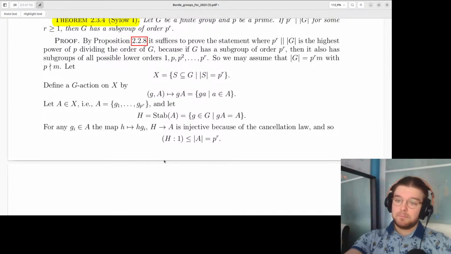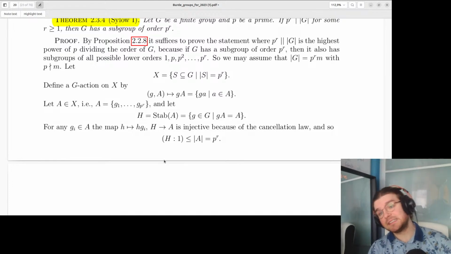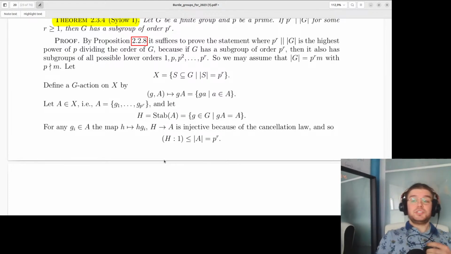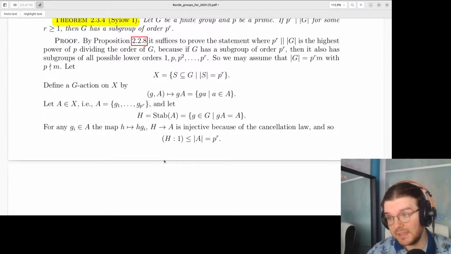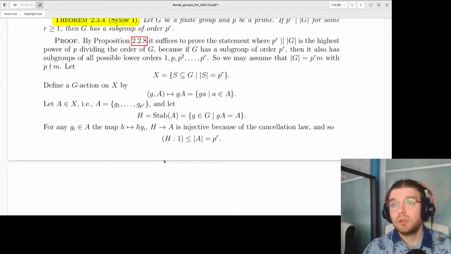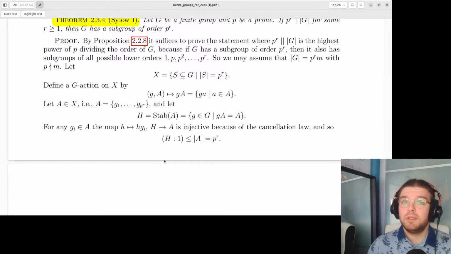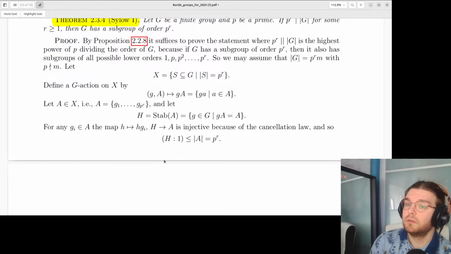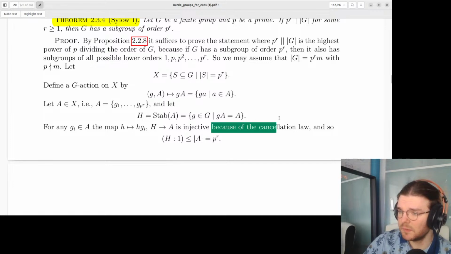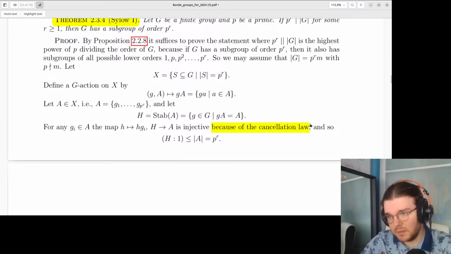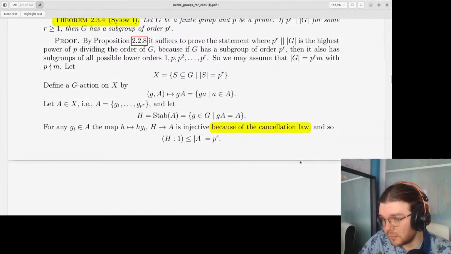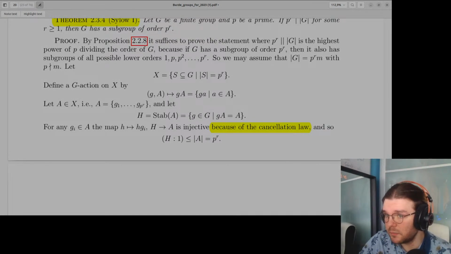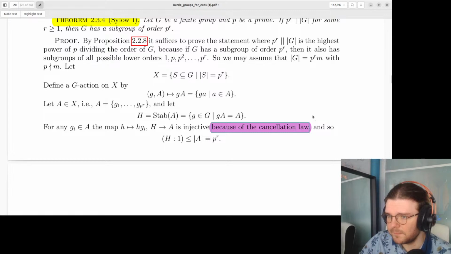Well, yeah, because H is that which stabilizes A. What does that mean? Just because of cancellation. Let's highlight that, and let's make that purple to say, what does that mean?